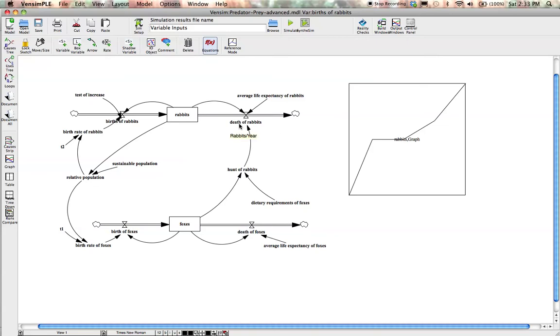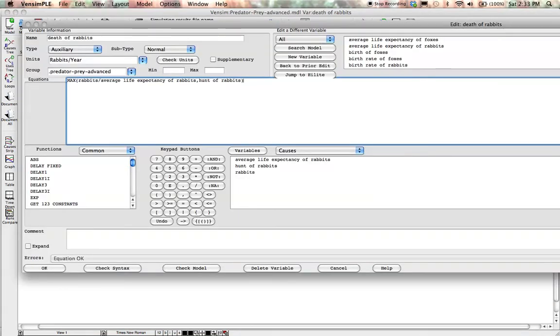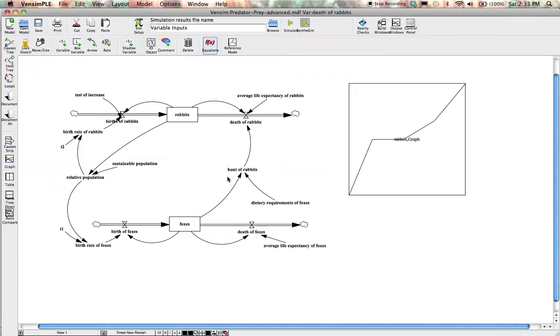Now the death of rabbits is handled in a slightly different manner than we did with the previous predator-prey model. Here the death of rabbits is going to be dependent on, and this is another introduction, because these rabbits are being hunted.